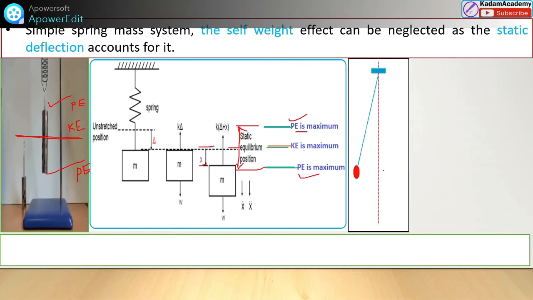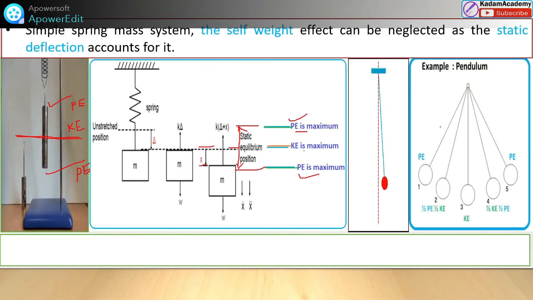Similarly, in this pendulum, which has angular motion, the displacement is theta on one side and again theta on the other side, with the mean position in the middle.